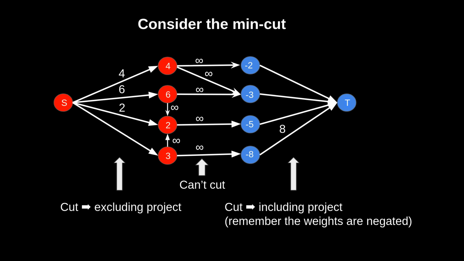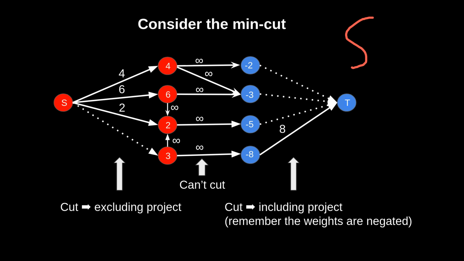We can see that cutting an edge from the source to a positive project is actually representative of excluding that project from some set S. And cutting an edge from the negative nodes to our sink actually represents including the project in our set S. The reason this represents including the project is that the capacity of these edges is the negation of the project costs.